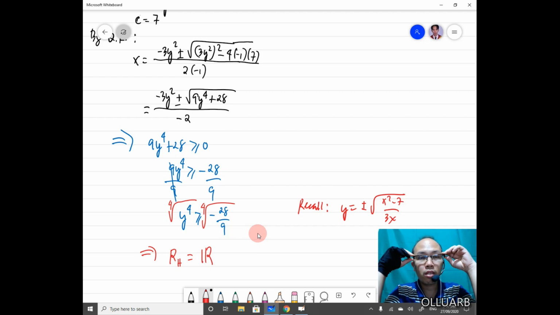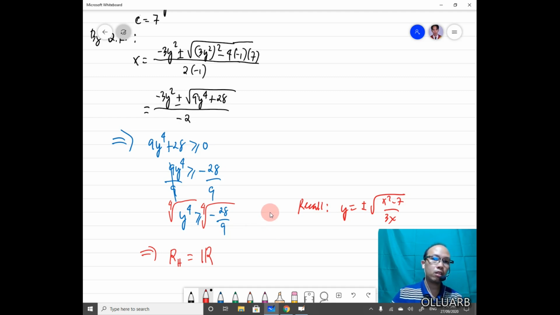If you have a graphing calculator, then it really helps in finding the domain and the range of the given function or relation defined by equations. I hope that you learned something from this discussion.